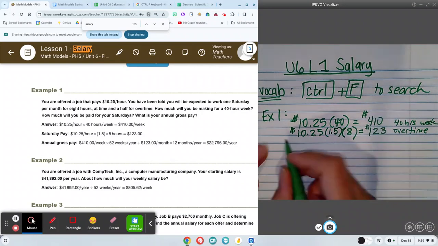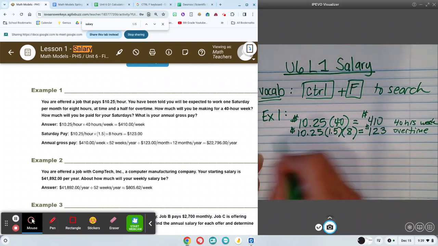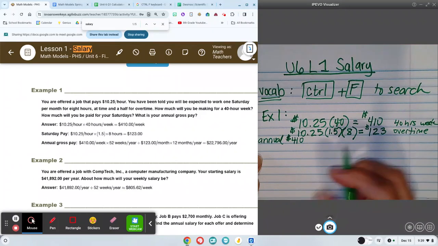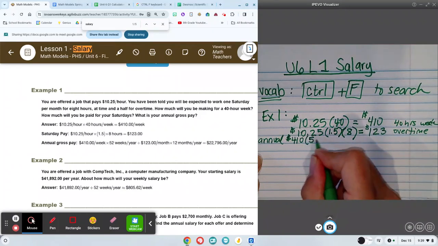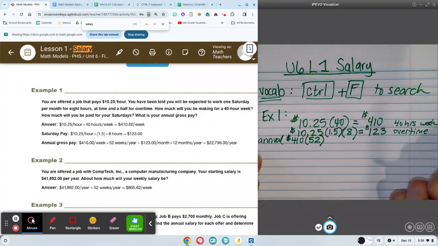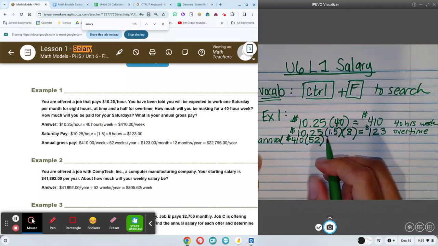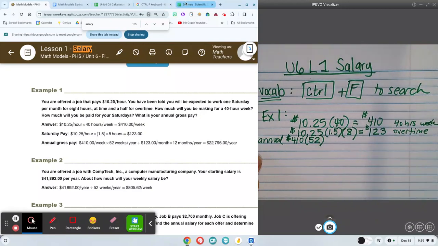Annual means yearly. So I'm going to get $410 for the week, and I'm going to work 52 weeks a year. So when we multiply those, let's see what we get.